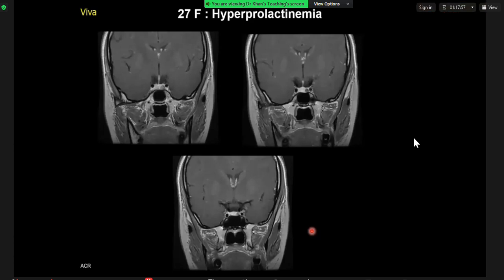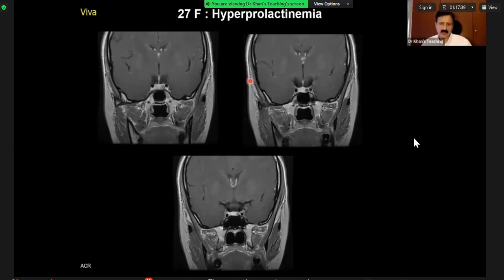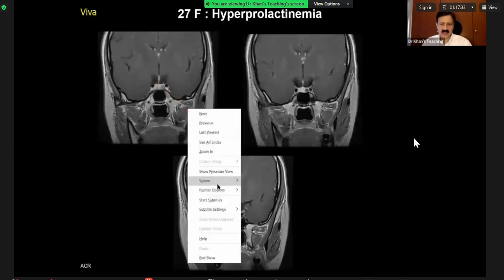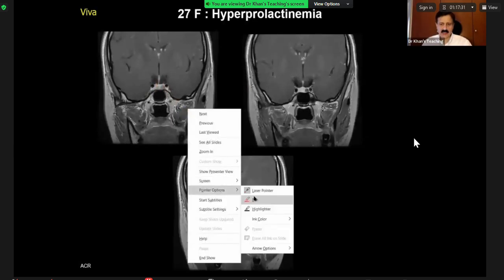So I've got post-contrast T1 images, and on which I can see the sella appears empty here. No, it is not empty. Everything which is enhancing is the pituitary gland.